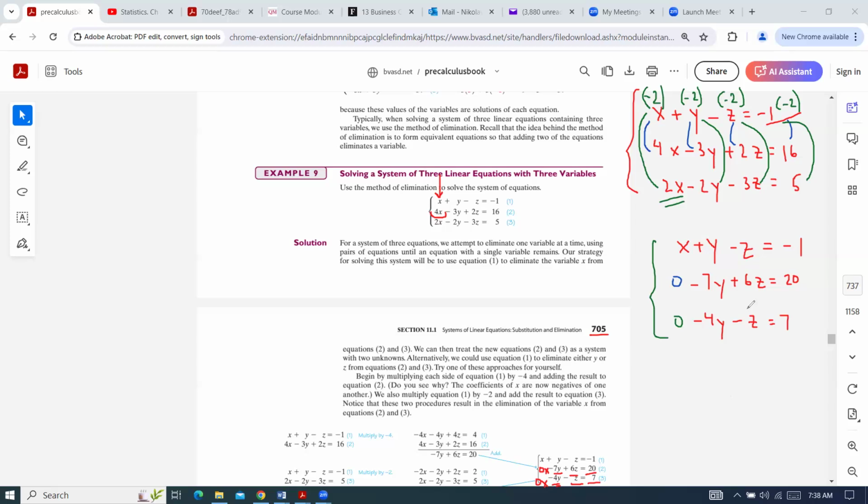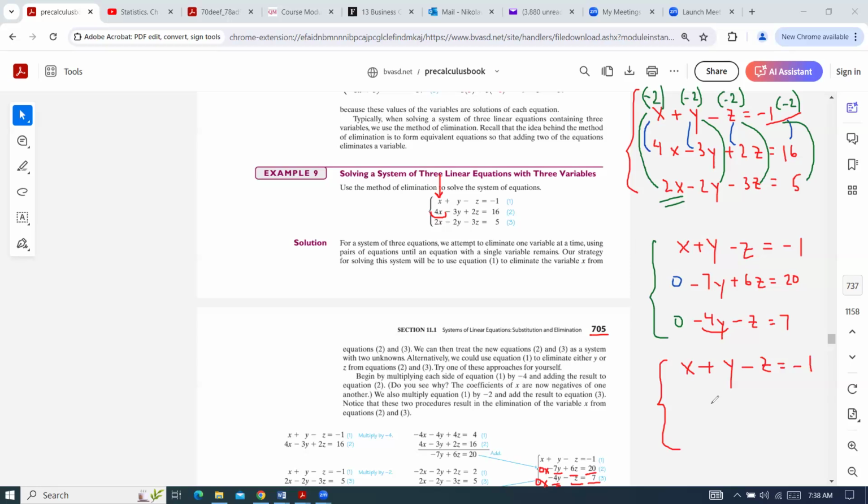So the point is to produce zeros under x, and then we're going to do an analogous procedure, but only with the last equation, because it already nicely starts with a 0. So if I kill that 4y term, that'd be just what I need. So I'm going to go ahead and copy x plus y minus z is equal to -1.